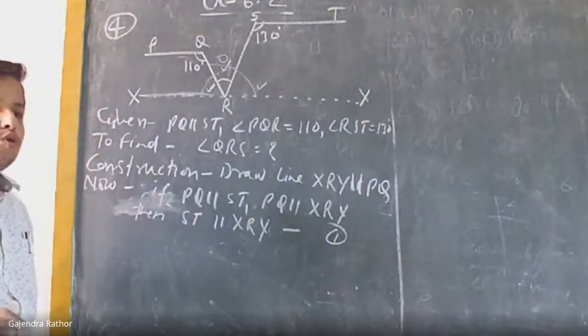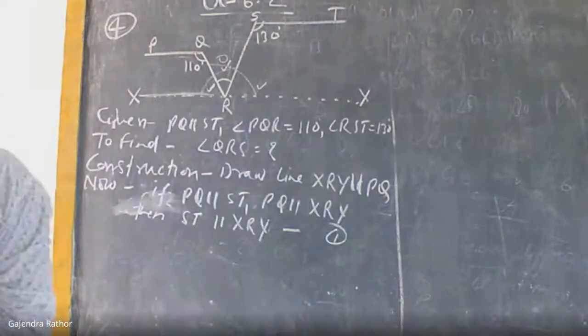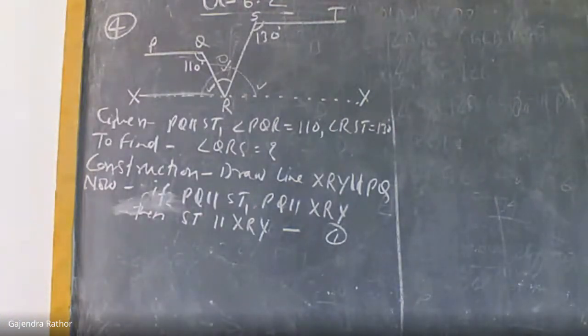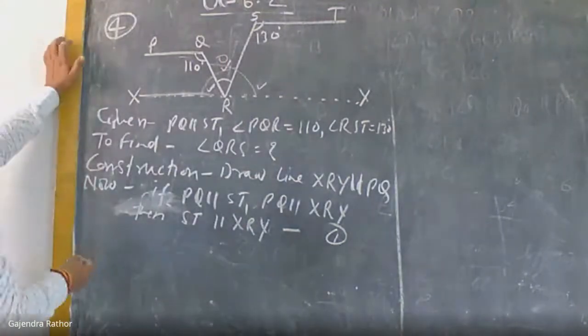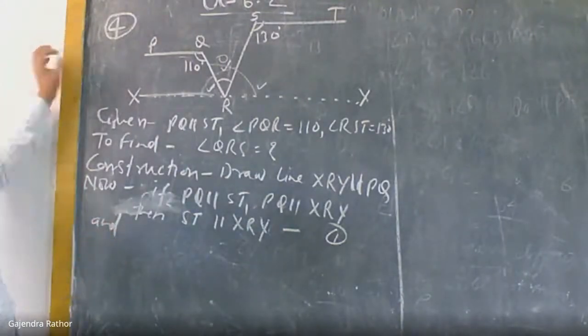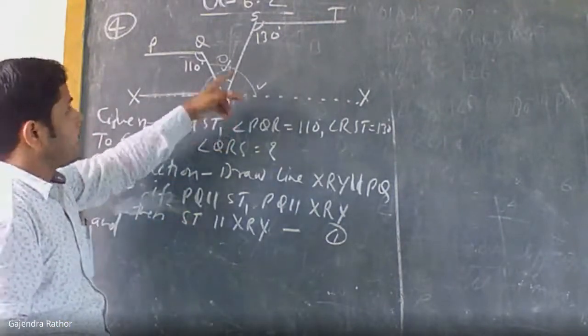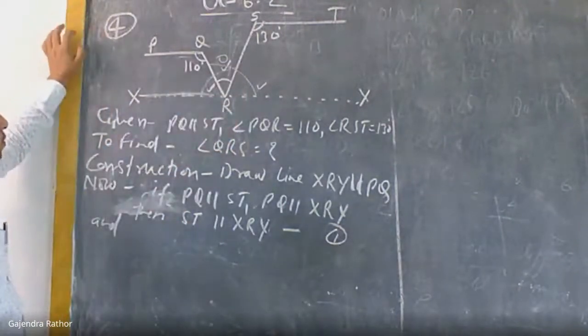There will be 2 points. Okay, and both are easy. And hence we show that XRY is parallel to ST.